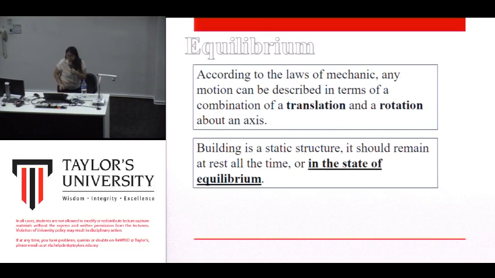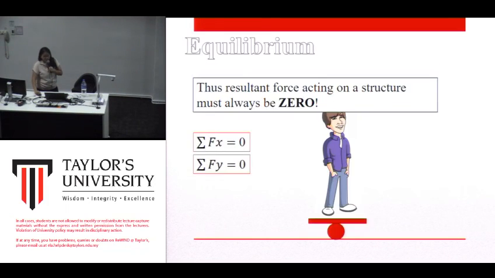Okay. Alright, so another example to show what is equilibrium. You look at this person standing on this structure. Because an equal amount of reaction force occurs, the summation of force in y direction is equal to 0.